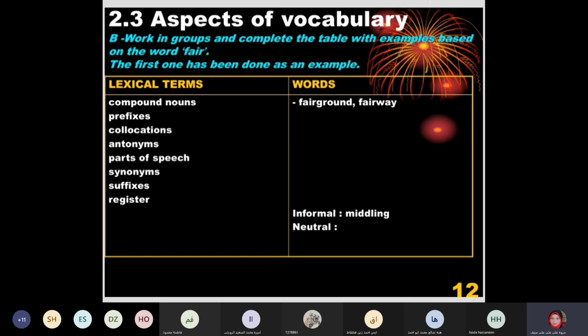I need you to give me examples based on the word register. I have just given you an example. When somebody is telling me about my opinion of something, and he's my friend, I will tell him, oh, that's rubbish.